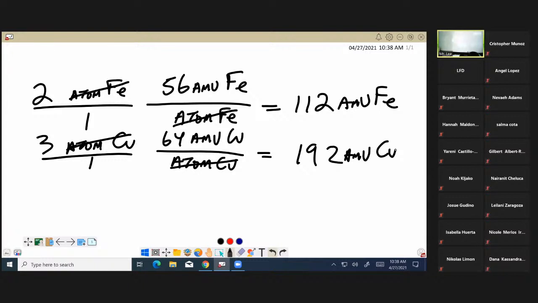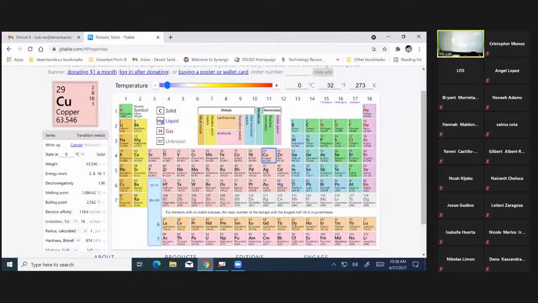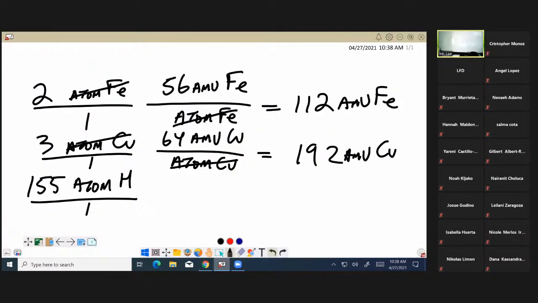The third one is I have 155 atoms of hydrogen. I don't really have to look that up, but I'm going to show you anyway because I know it's 1.01. Here's hydrogen right here, and it is 1.01. I'll just round that off to 1 AMU of hydrogen for every atom of hydrogen.